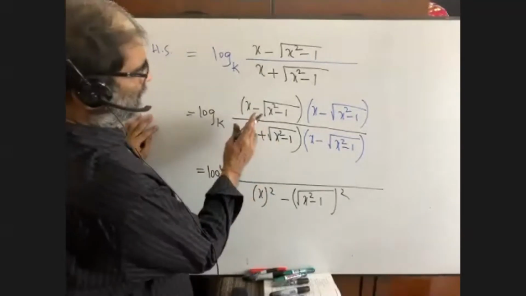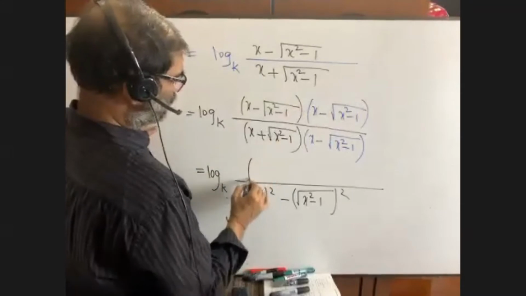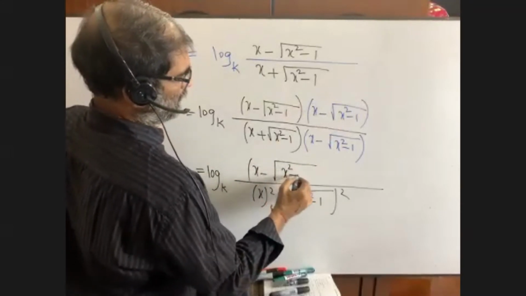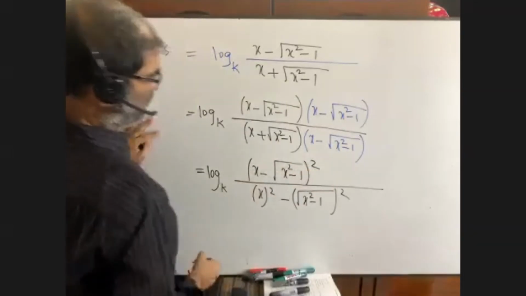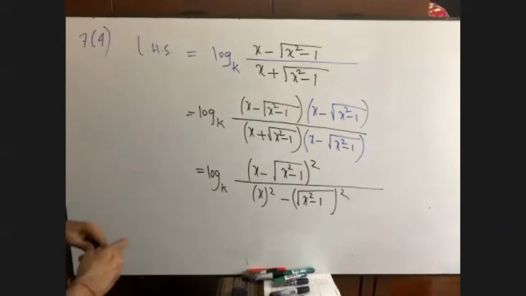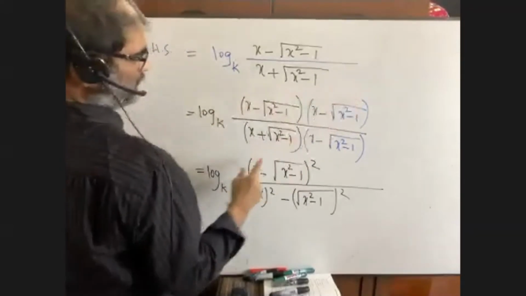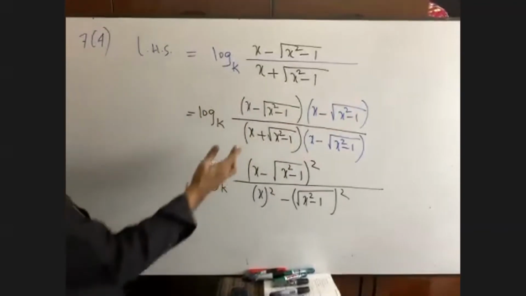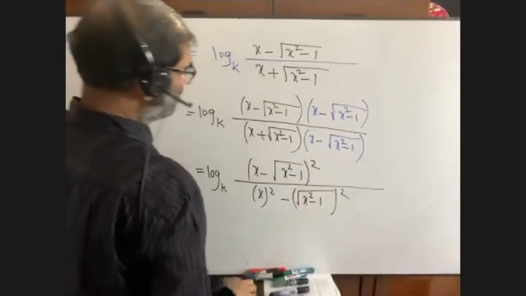Now, it is the same thing. A minus b, a minus b, so it will be a minus b whole square. Please try to understand. In the denominator, we are getting a plus b, a minus b, that is a square minus b square.